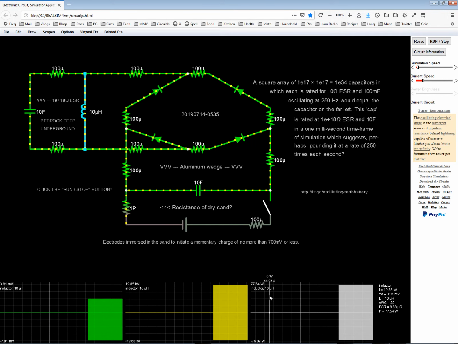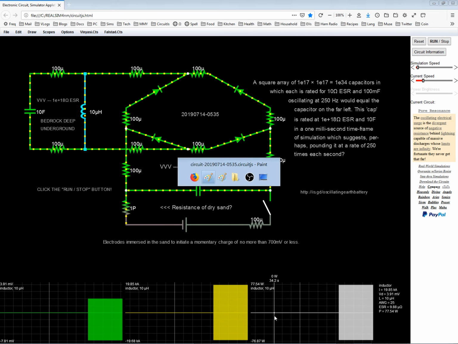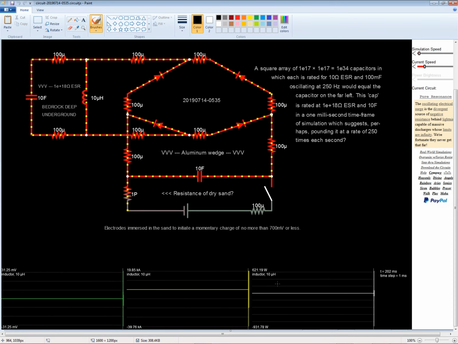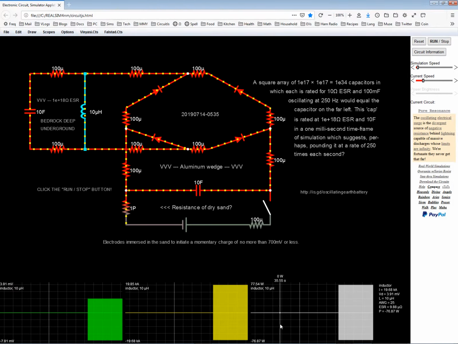And so instead of 77 positive watts and approximately 77 negative watts, what it started out was 620 positive watts and 932 negative watts, which is a lot more watts, but also a greater division. It's 50% more negative than positive. So it's balancing itself. It's getting more around the midline.